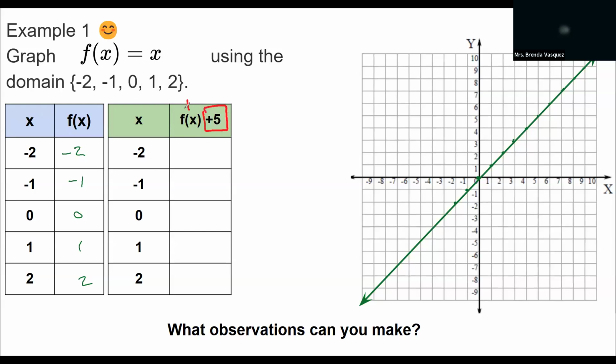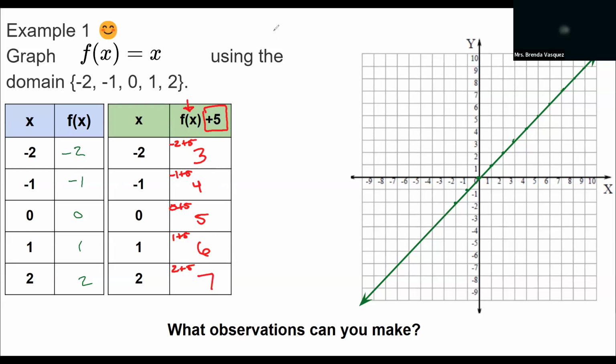So whatever f of x values I have, I am going to add 5. I have -2, add 5, which is 3. I have -1, add 5, which is 4. I have 0 plus 5, and I have 5. The next one, we have 1, add 5, we have 6. The next one is 2 plus 5, and I have 7.